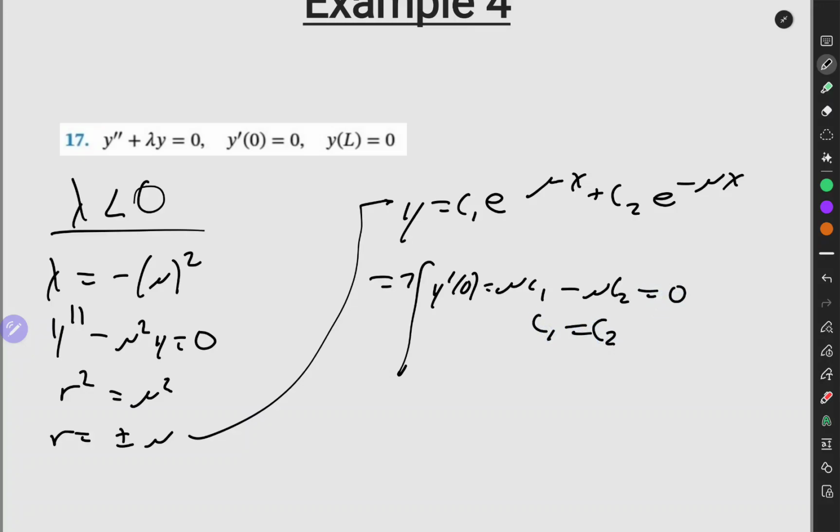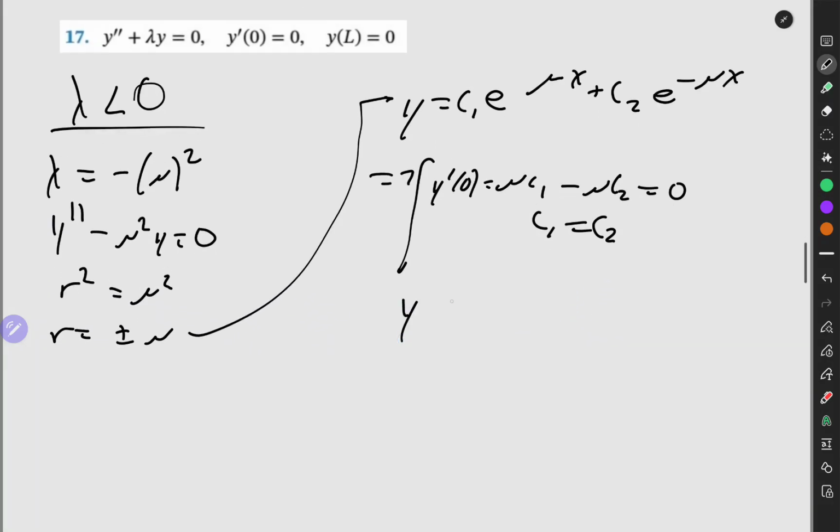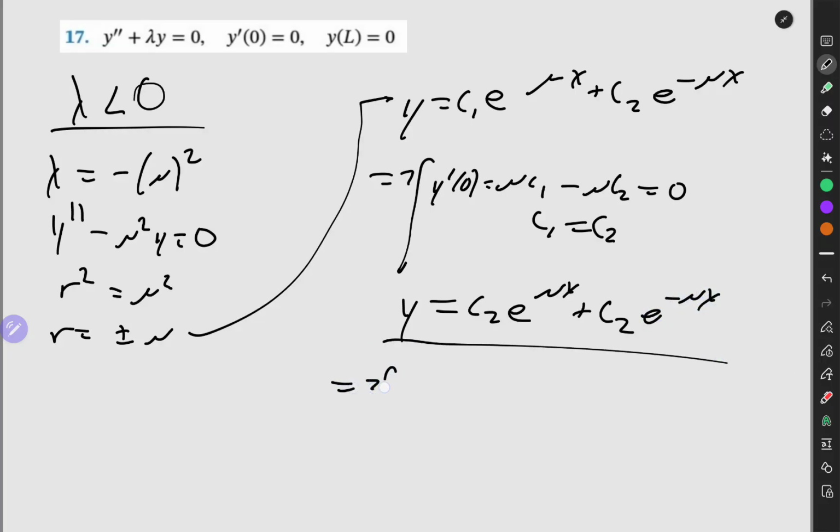C1 equals C2. Just like the last two problems, we can rewrite it like that, and then we move on to the next boundary condition.